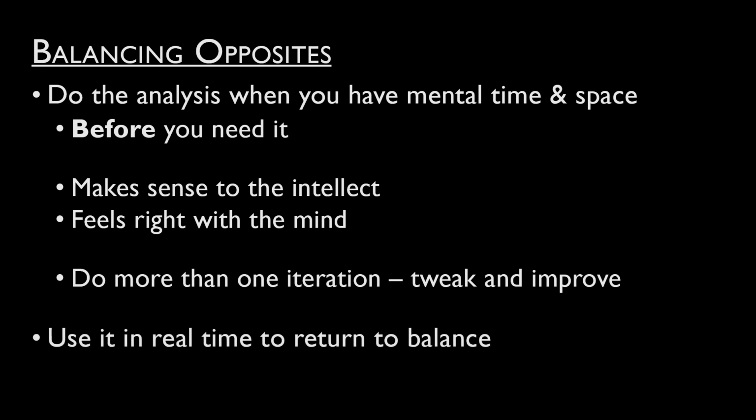Once you are familiar with this process, then you can use it in real time. In these moments of uncertainty or stress, return back to the quadrant model. And you can start anywhere. So you can balance out the complementary opposites in real time using this kind of self-reflection pathway.